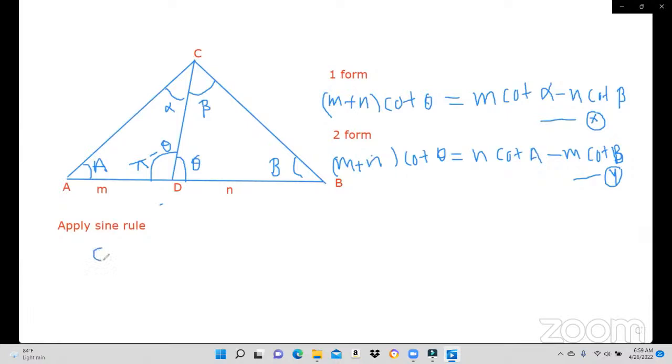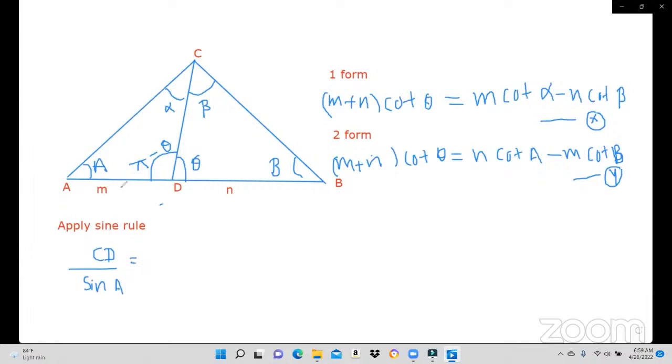The side is CD, divided by the sine of the opposite angle, which is A. So CD divided by sine A. This ratio is a constant. That means any side divided by the sine of its angle is a constant.